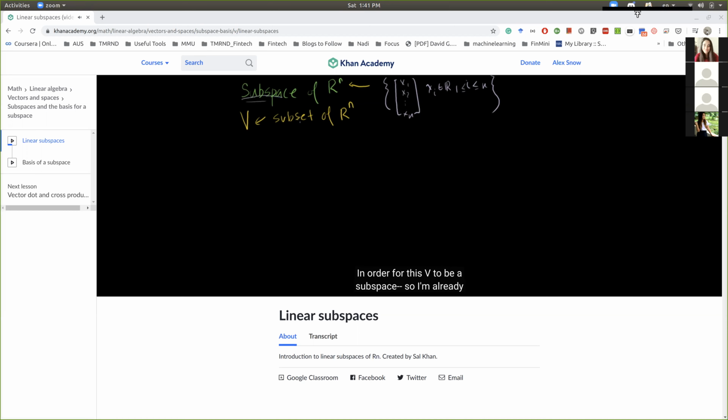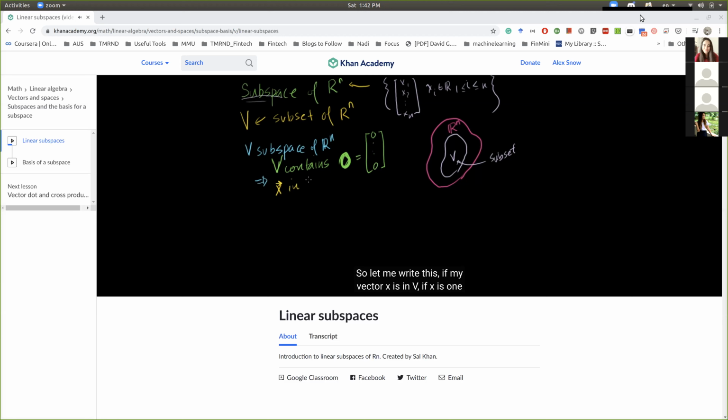If we have some vector x in V, so let me write this. If my vector x is one of these vectors included in my V, then when I multiply x times any member of the reals, so if V is a subspace of Rn, then x times any scalar is also in V. This has to be the case.